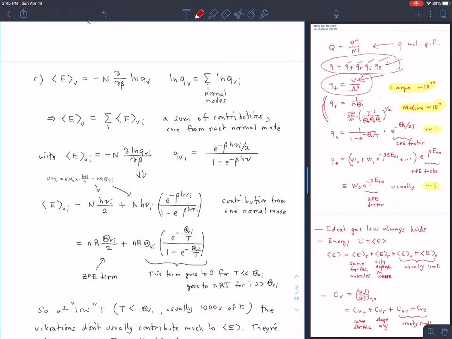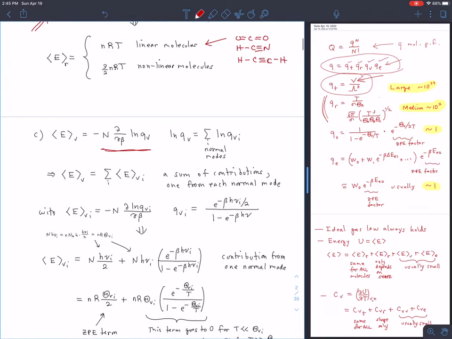And once again, we're going to use the standard formulas for doing these calculations. And there is now a slight complication in the case of vibrations, and that is that polyatomic molecules have normal modes.